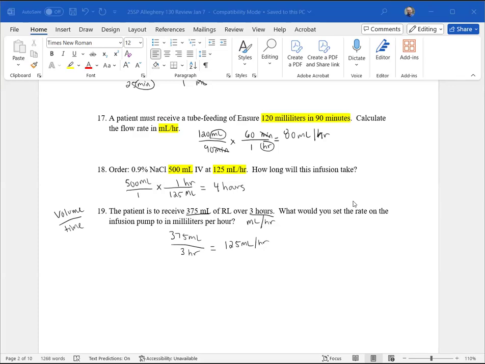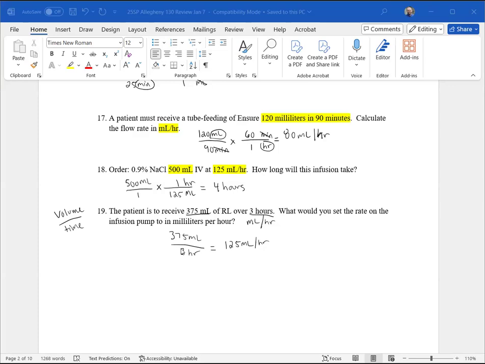On Tuesday, I went over a couple different examples, like number 19, where I took the 375 milliliters of Ringer's lactate over 3 hours. I told you that in order to calculate that, there's really no math involved. It's just reducing.